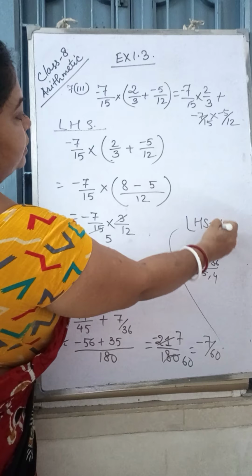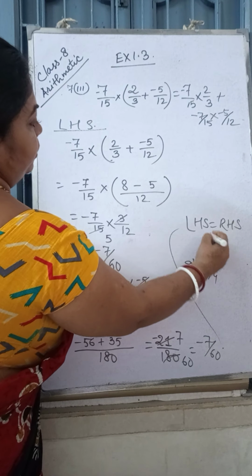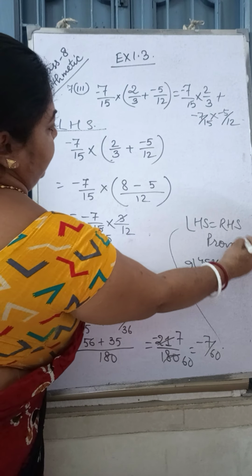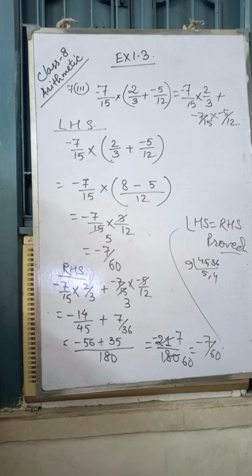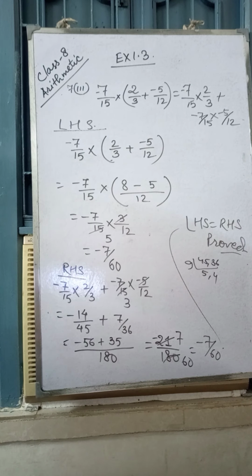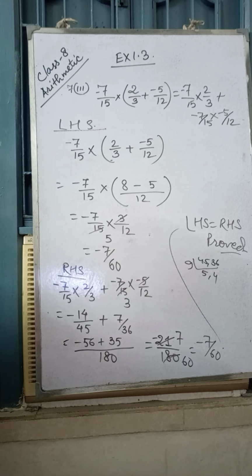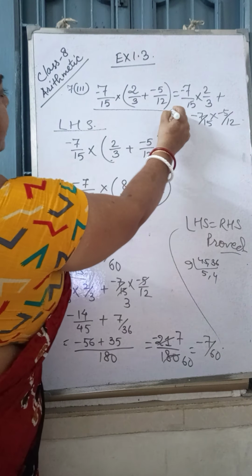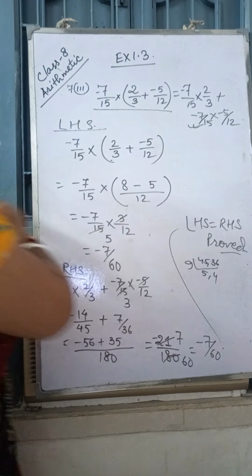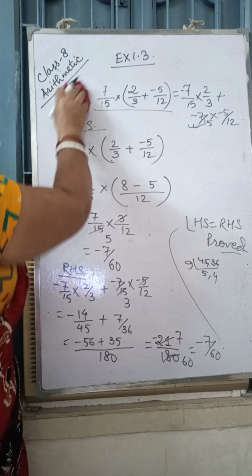LHS is equal to RHS, proved. That only we had to prove. So this is how we have to do question number 7. Question number 8 also is the same thing, given in this way, and we have to write it in this way and solve. So let us see question number 8.